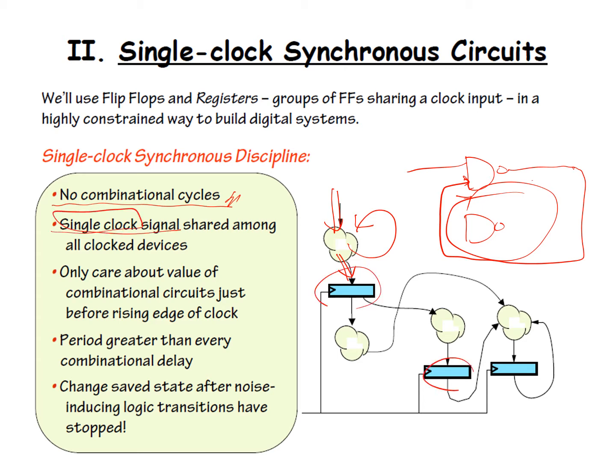Also, a single clock signal is shared among all the clocked devices like flip-flops. And we only care about the value of the combinational circuit just before the rising edge of the clock, meaning after the input comes out of the flip-flop and goes through the combinational logic, only the value at the output just before the clock edge will be considered for the operation.